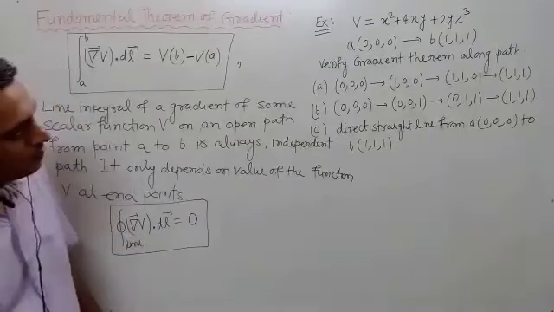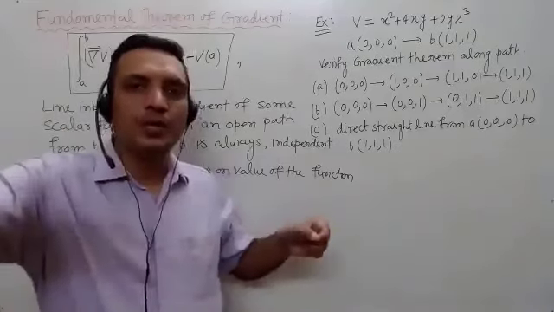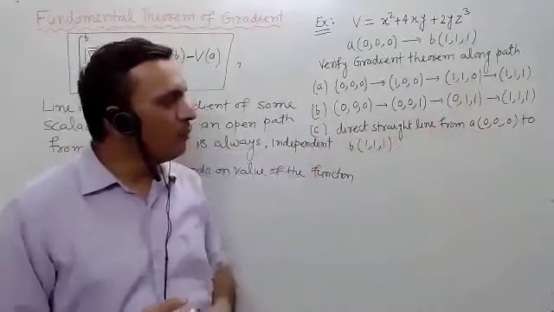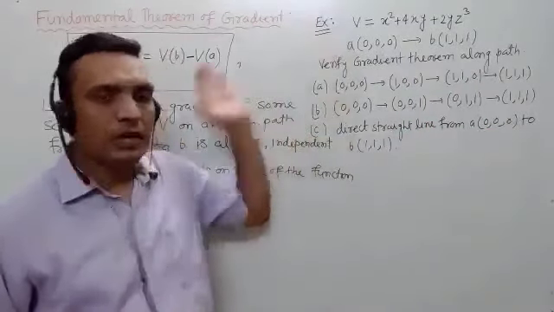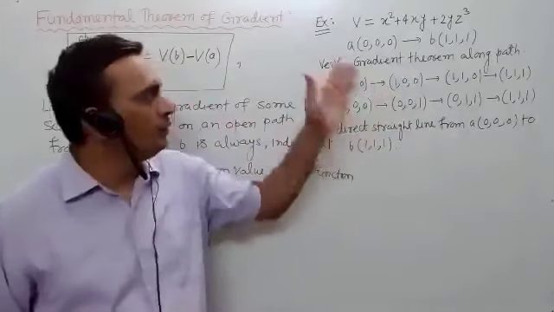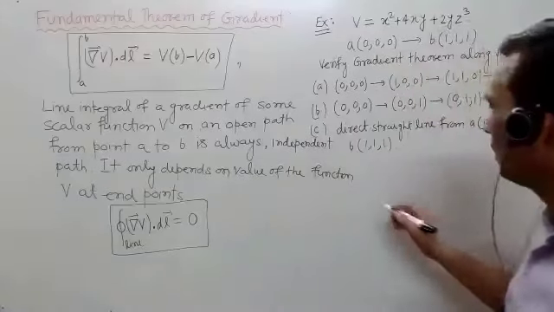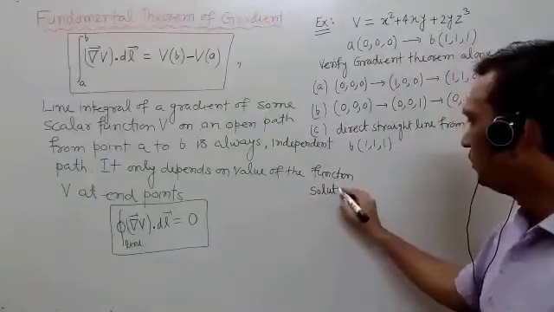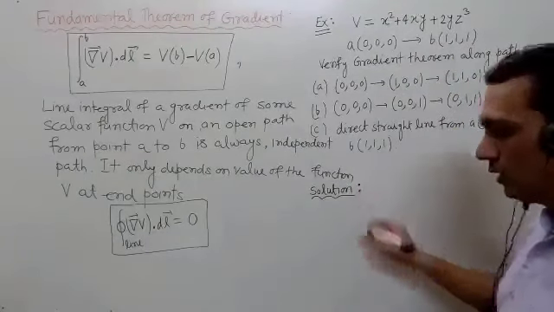Just connect A to B by a straight line. You have to verify the gradient theorem along this path also. Is it clear? Yes, sir. So we have to see its solution.